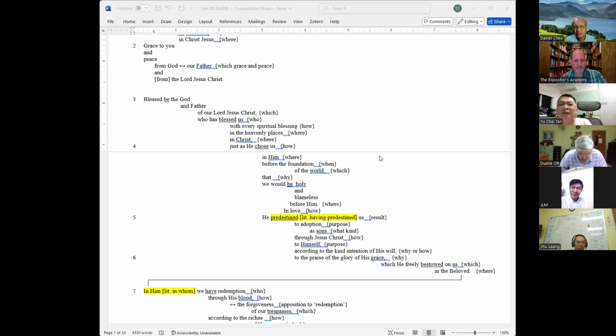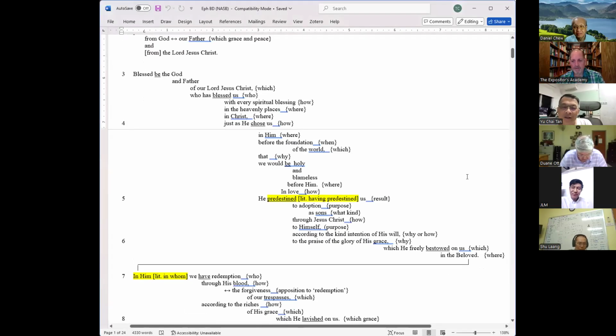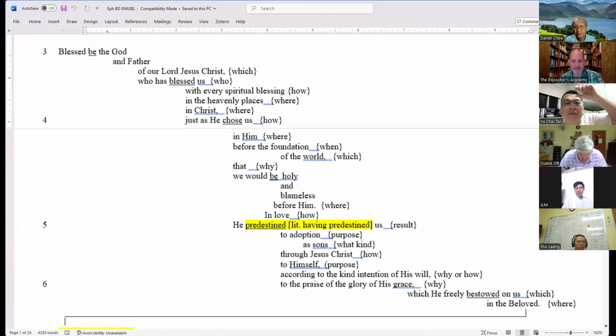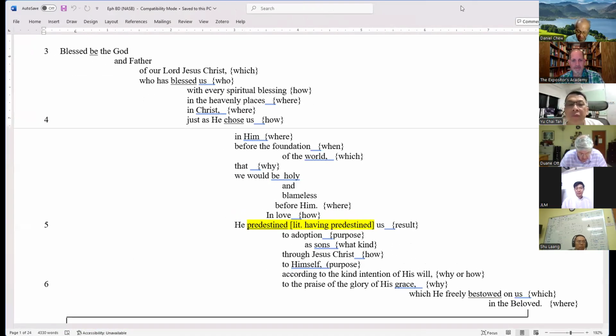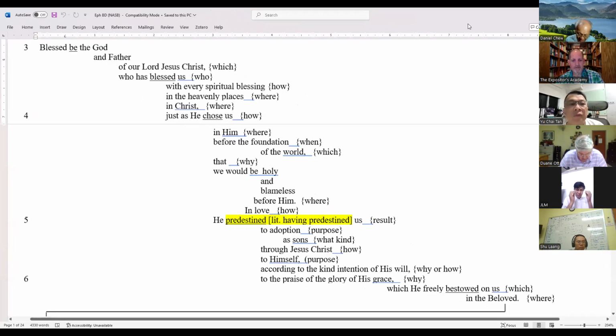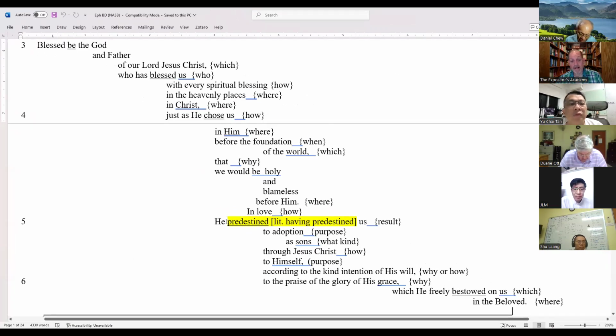Here's my block diagram of Ephesians 1. Sorry, the font's pretty small. I highlighted verse 5. In love, he predestined us. That's how the New American Standard has it. But notice I put in here literally, having predestined.